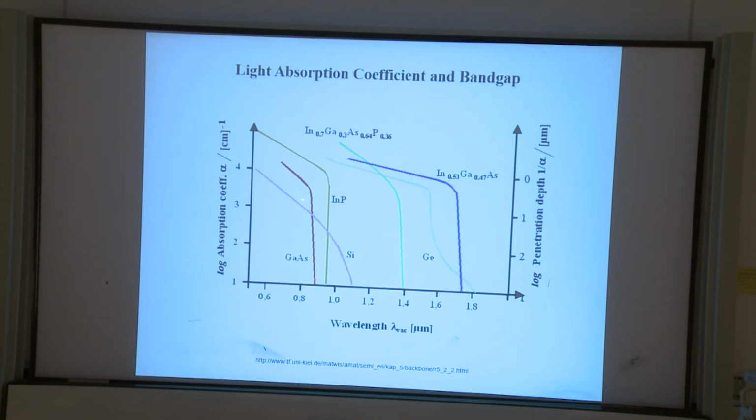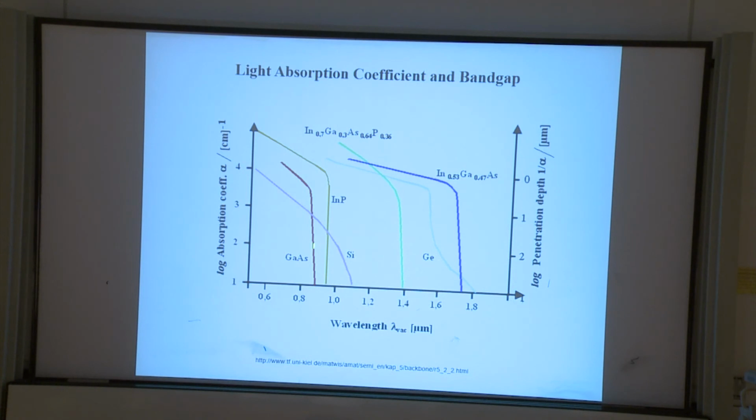So from here, you will be able to know the band gap of those materials. For example, gallium arsenide is standing here, indium phosphide here, germanium is around here, and this compound material, indium gallium arsenide, is here.